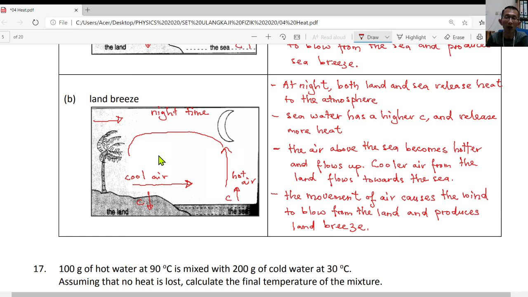So again, we have convection here. The movement of the air will produce wind to blow from the land towards the sea, all right? Since the wind is blowing from the land, we call this land breeze. Okay, you get it? All right. Okay, try to understand the concept behind it.